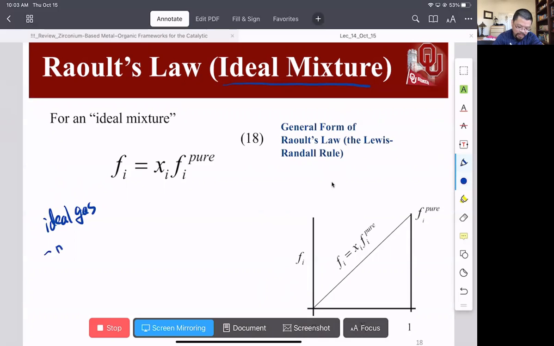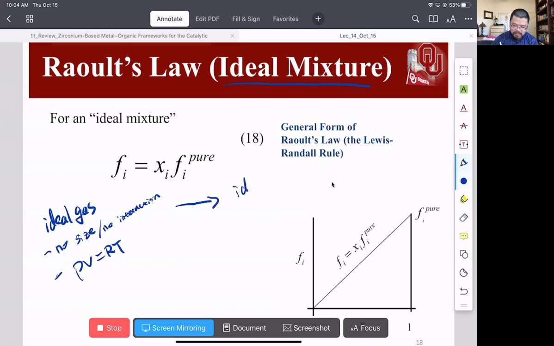So no size, no interaction. Or you can reply saying, well, ideal gas is PV is RT, right? That is the ideal gas equation.